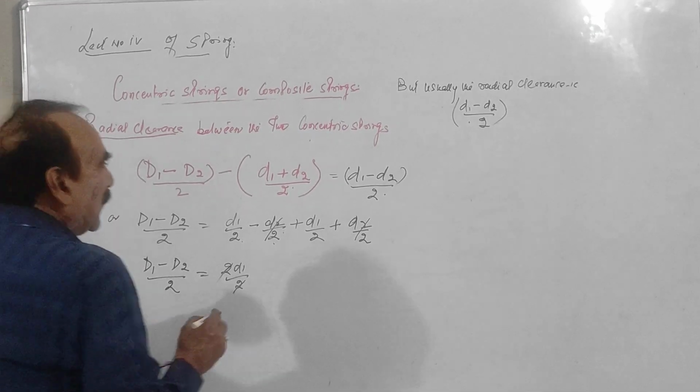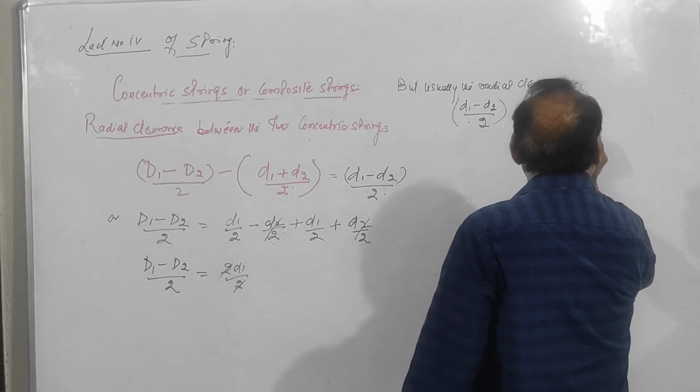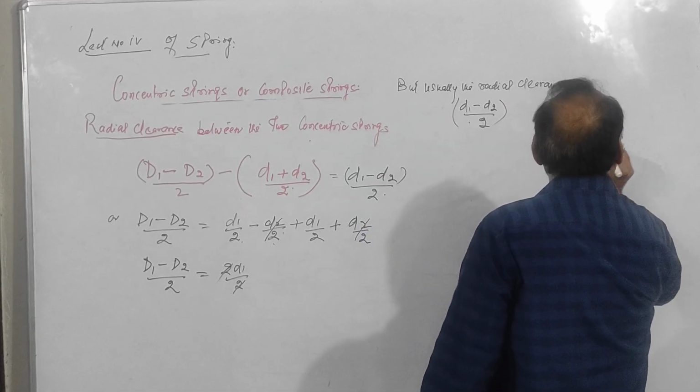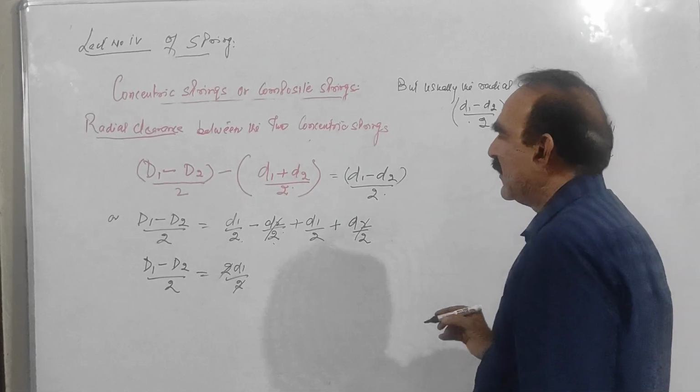So इसको हम ऐसे भी लिख सकते हैं, d1 by 2 है तो आपको पता है d1 is equal to c d1 and d2 is equal to c d2. Is there any problem? We can write it like this.